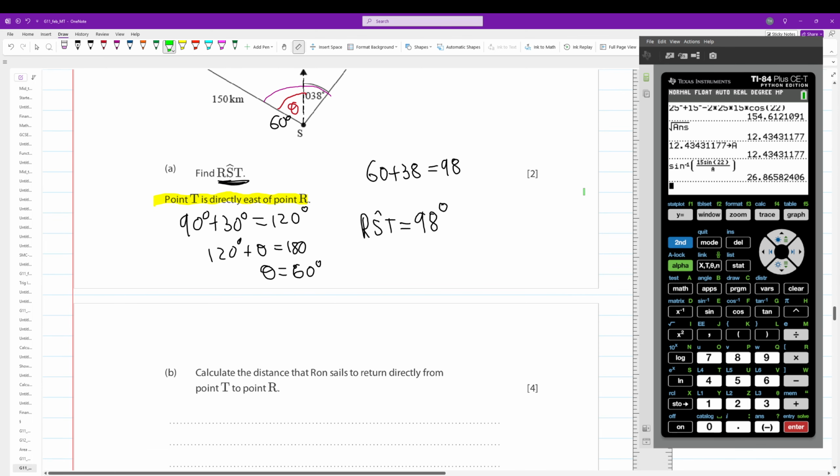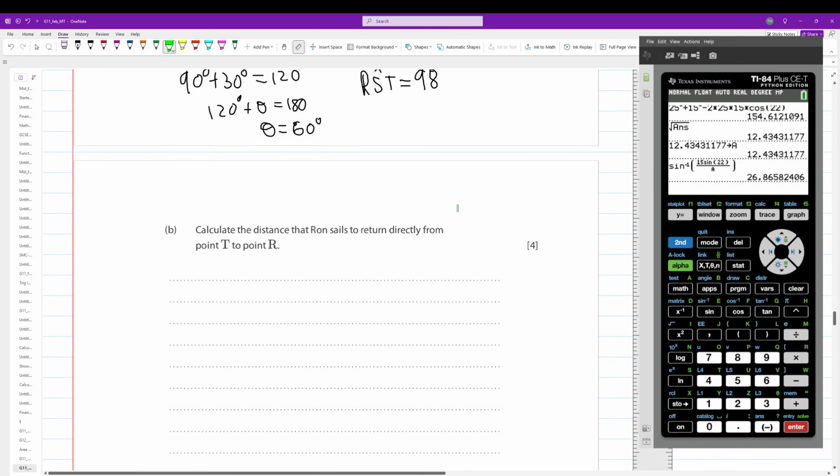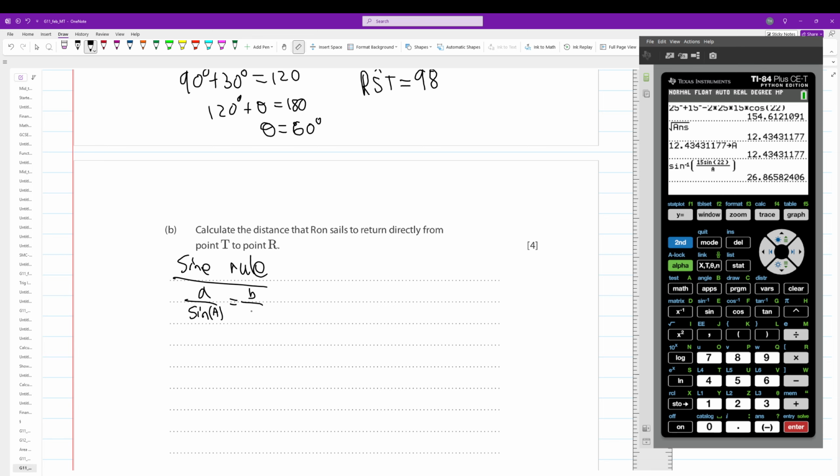To use the sine rule, we need two angles and two sides. The sine rule, I remind you, is a over sine A equals b over sine B equals c over sine C.